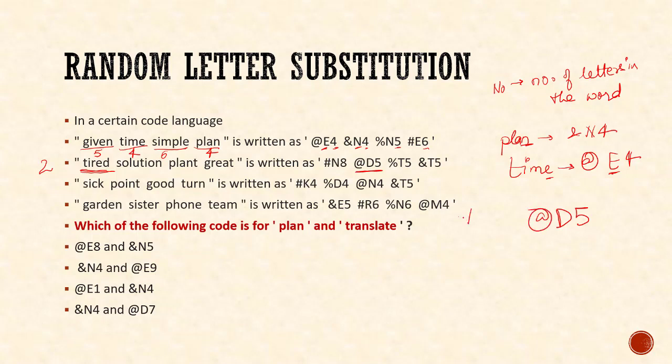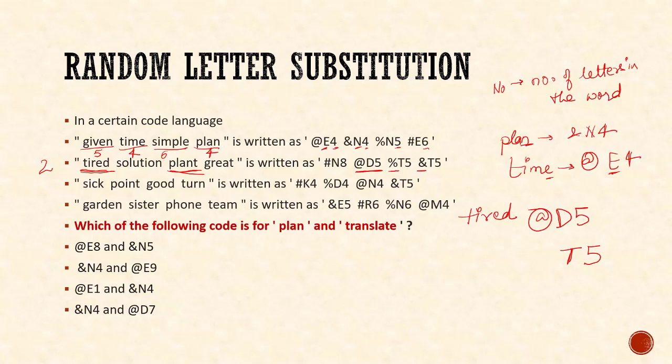So this is the code for the word tired. And there's another word, plant, from P. The last alphabet is T, so T5, and there's one with the and symbol and one with the percentage symbol. I have to figure out which one stands for plant.